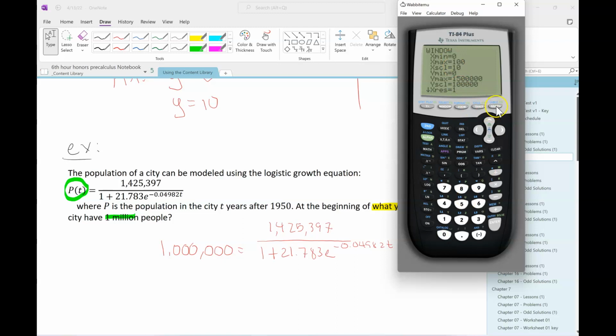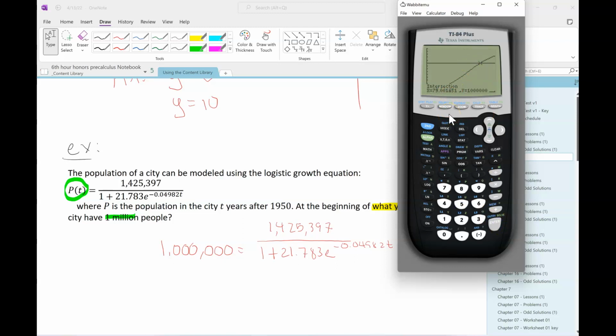Okay. So let's go ahead and graph. There's my line at 1 million. Here's my logistic growth curve. I just got it in there before the end of the window. That's great. Let's find the intersection there. Second, trace, intersect command, enter, enter, enter.